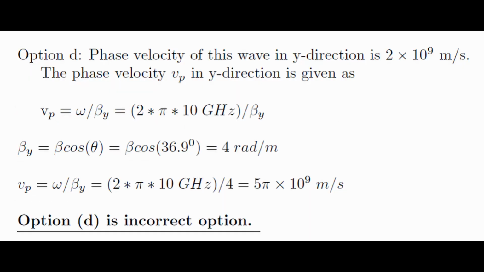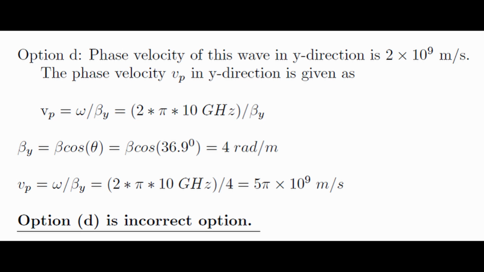Let's go to the final option, which is D, which says that phase velocity of this wave in y direction is 2 × 10⁹ meters per second. So let's calculate the phase velocity. The phase velocity Vp in y direction is given as Vp equal to omega by beta y. We know the value of beta y from this calculation, and from that we can calculate the phase velocity in y direction as 5 pi into 10⁹ meters per second.